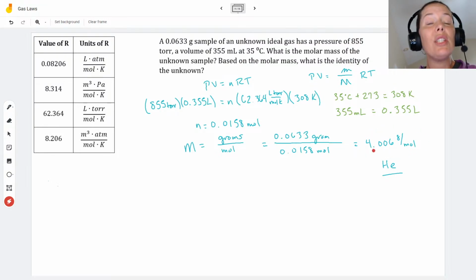But if you're ever stuck on a test, know that you can use the ideal gas law, and you just kind of have to work through the problem, collect the information that you know. Again, in this case, we could solve for n, so I went ahead and solved for the number of moles, even though I wasn't 100% clear how I was going to get to the last step.